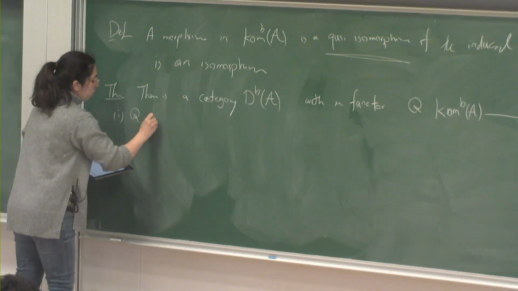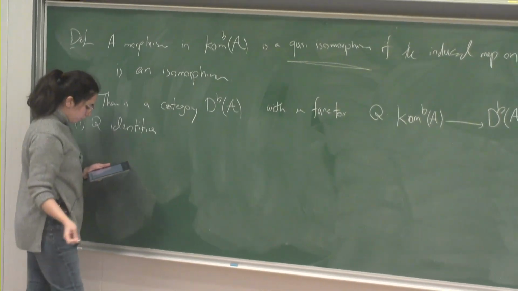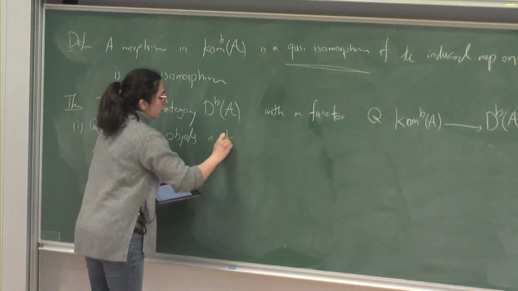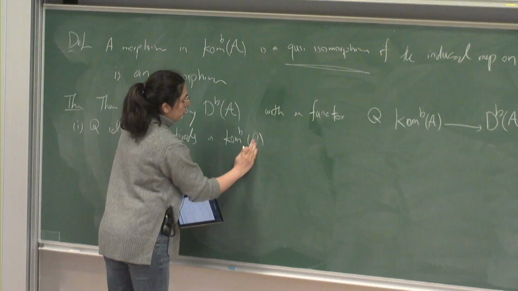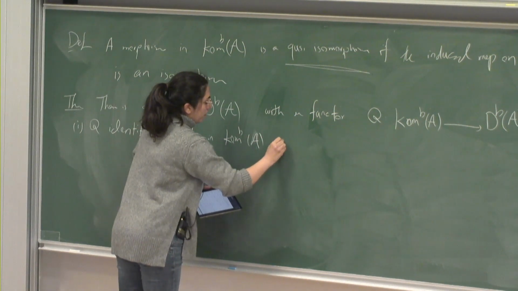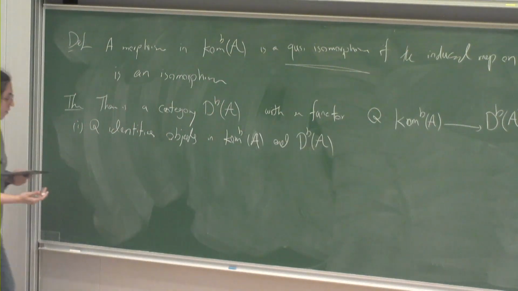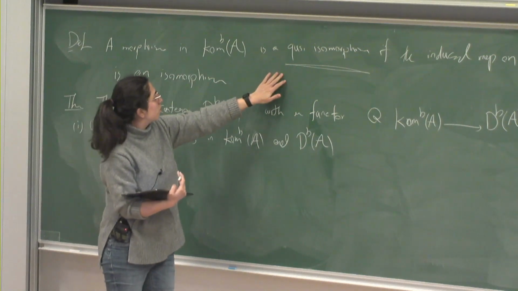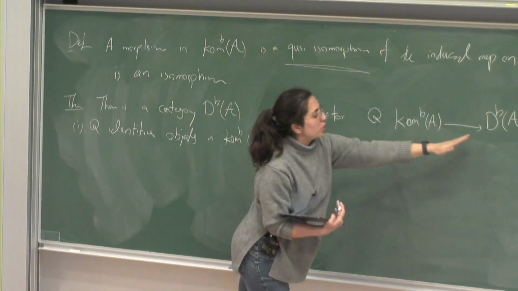So the first condition is that Q identifies objects in this Com^b(A) and D^b(A). The second thing is that if I start with a quasi-isomorphism in this category of complexes, it just sends it to an isomorphism.